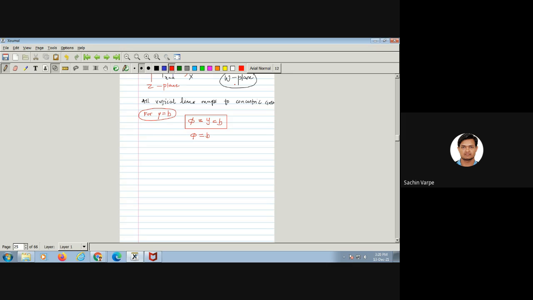What is y equal to 1? A line parallel to the x-axis. y equal to 2 is a line parallel to the x-axis. y equal to 3 is a line parallel to the x-axis. y equal to b is a line parallel to the x-axis. Yes. So phi equal to b.